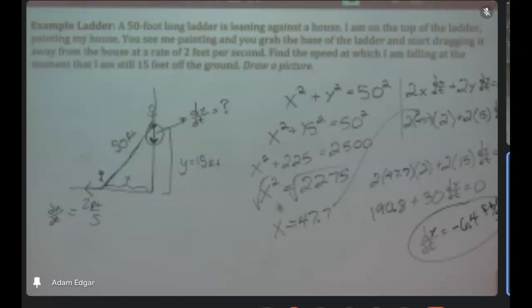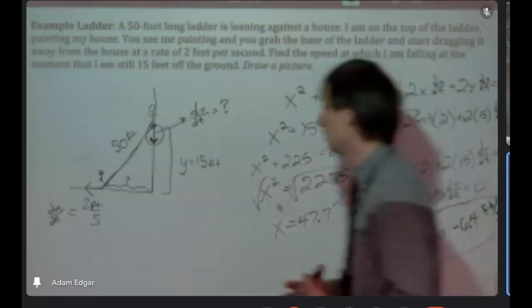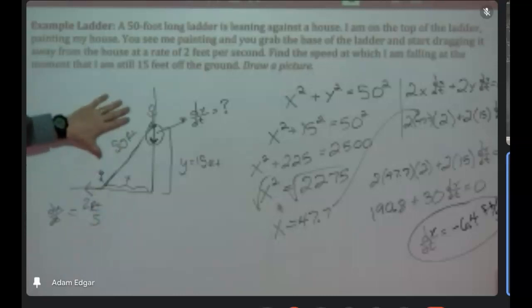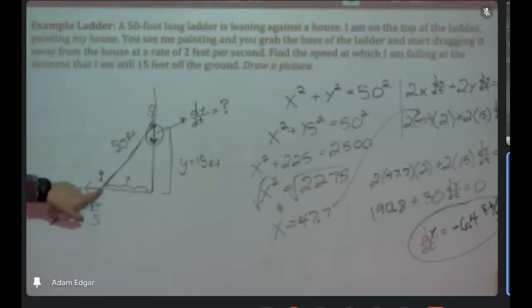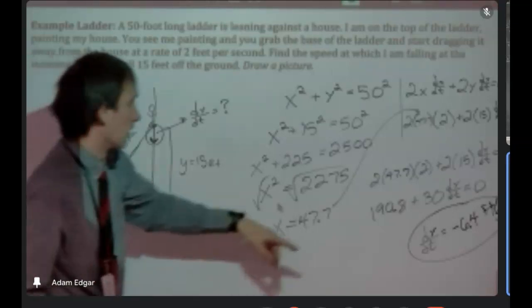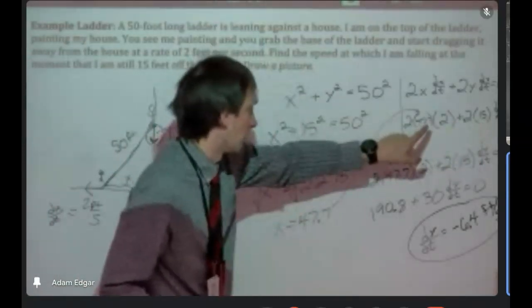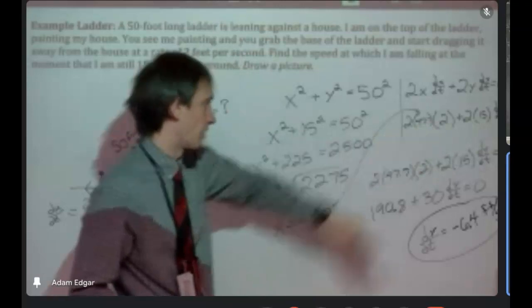And we could do this again later on. Right now, the base of the ladder is only 15 feet away from the house, but the ladder's 50 feet long. So if you keep pulling this, and you pull this all the way out to like 49 feet away from the base, then this would be 49 for y, and a much smaller number for x, and you'd have a different value.